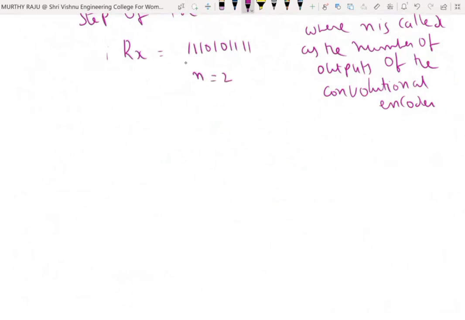Therefore, the received information is divided into code words of length 2 bits, because n is equal to 2, the number of outputs of the convolutional encoder. That is 1 1, 1 0, 1 0, 1 1, 1 1.